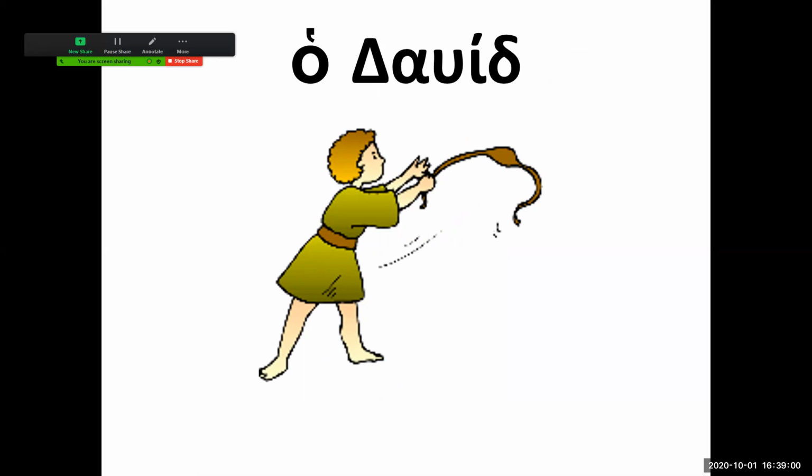Ho David. The owl, alpha upsilon, is a diphthong, pronounced as one sound, but the iota is pronounced separately. David. David. Those of you in South Asia won't have any problem with this one.